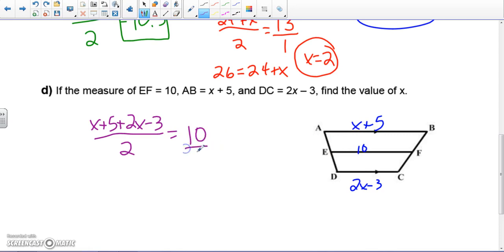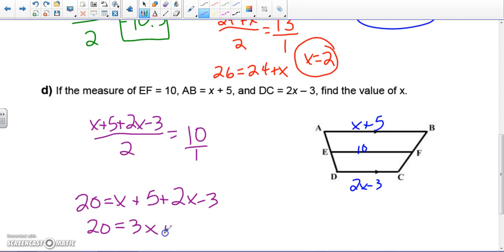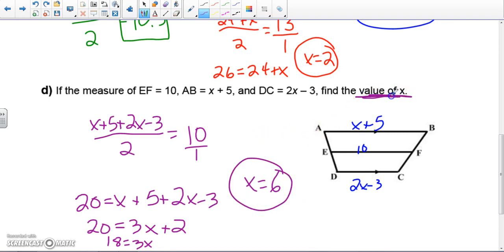So here, same thing, we can just put that over a 1, cross multiply, and this becomes a pretty quick question to solve for x. So we have 20 equals, combine like terms, subtract 2, 3x equals 18, x equals 6. And we make sure we answer the question, which we did, and we're done.